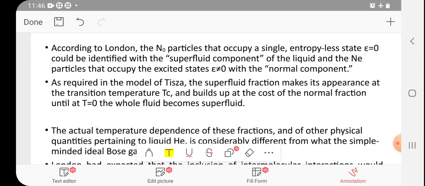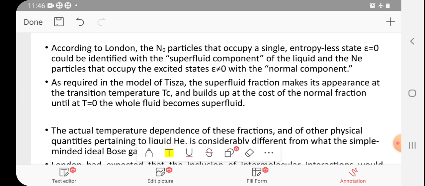That is, some particles will be in the ground state, N0 in number, and some particles will be in the excited state, Ne in number. So the condensation to the ground state will occur below the critical temperature.